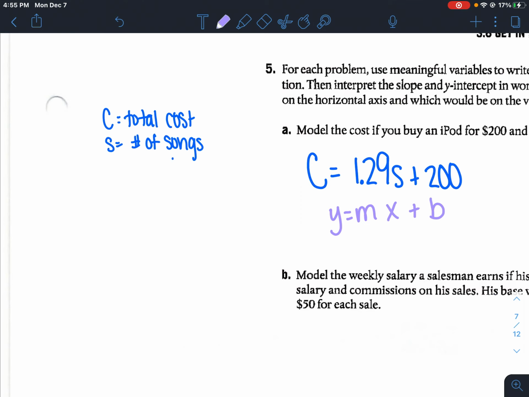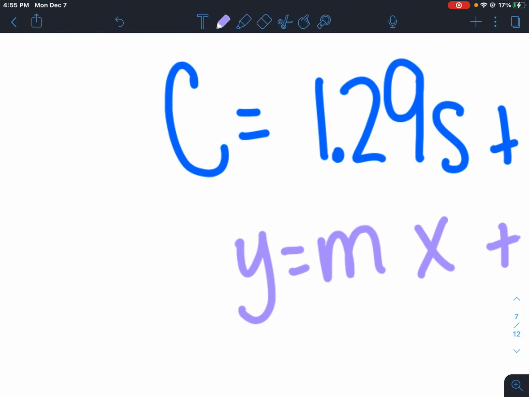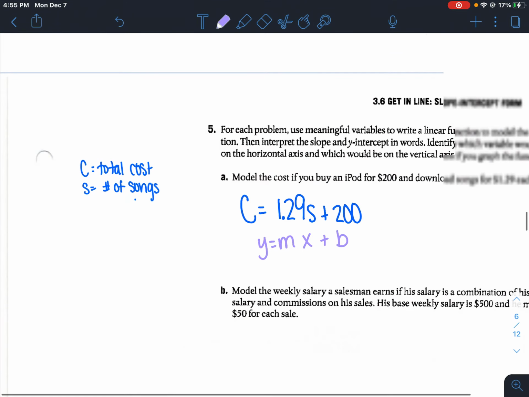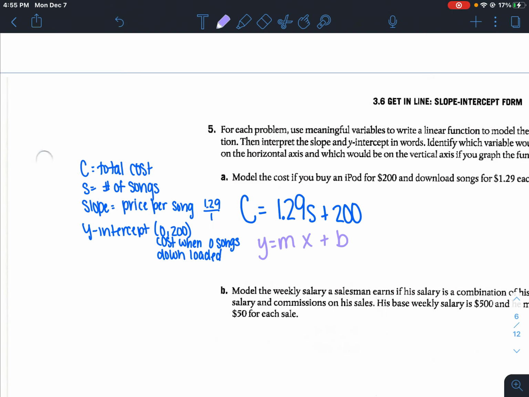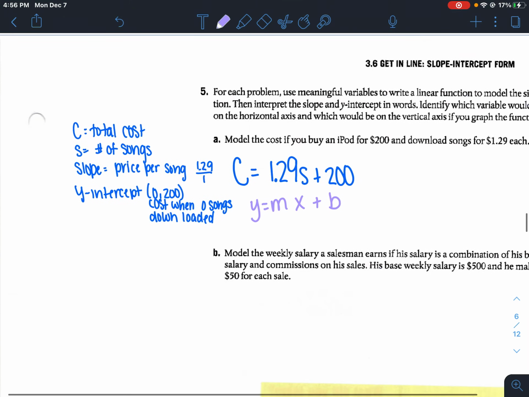Okay, so from there, we'll identify the slope, my M value, which was $1.29, which is the price per song. The y-intercept is my B value, so 0, 200, and it'll be the cost when 0 songs are downloaded, or just the flat out cost of the iPod.